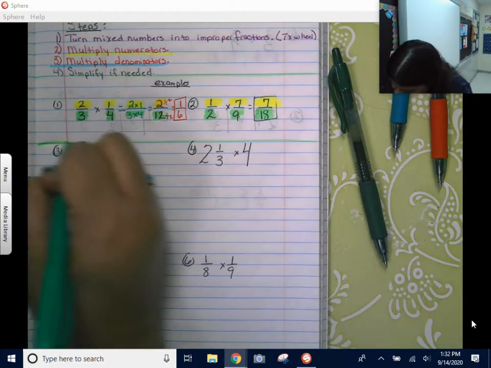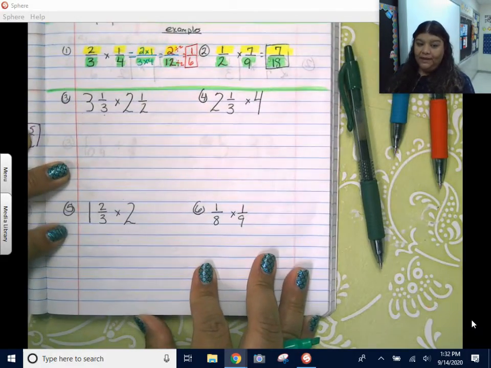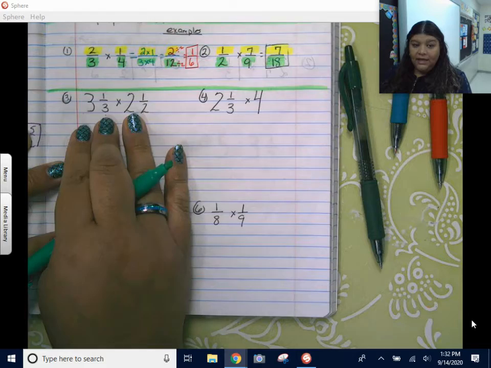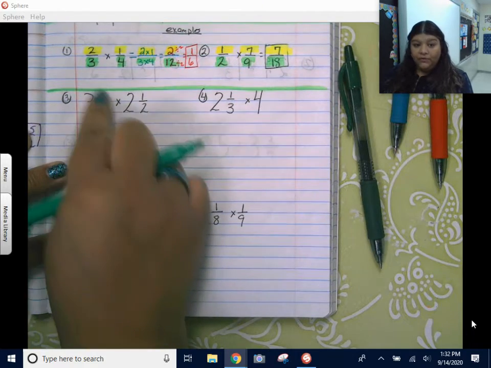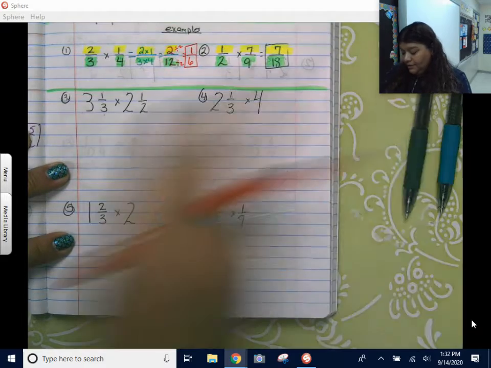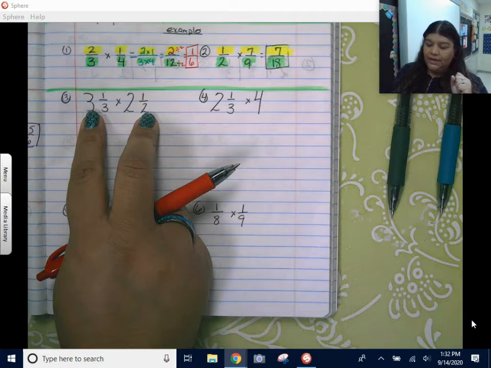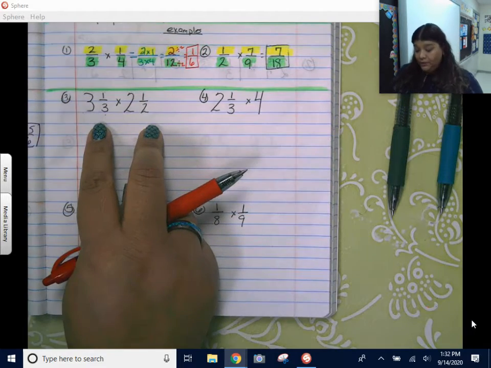Go ahead and let's do these now. Now on number 3, I see a whole number with a fraction. That's a mixed number, okay? So again, I mean the denominators are different, that's fine, but the mixed numbers, we don't want mixed numbers, okay? So we're going to go ahead and do the Texas wheel.